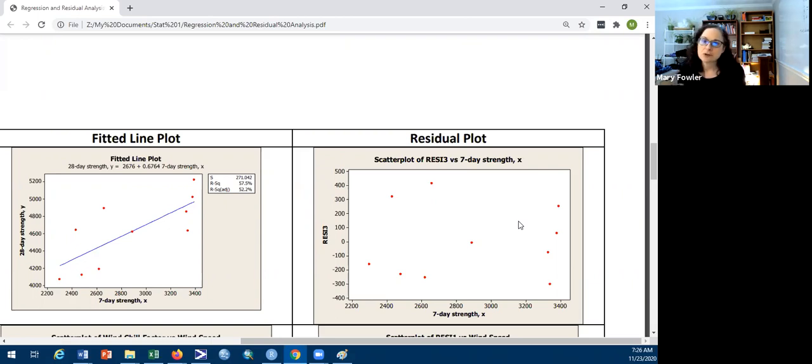Some of this begins to move past the scope of the course, but I want to show you a few things so you don't have to recognize patterns in residual plots. But I do want you to know that there are good patterns and bad patterns, and residual plots are a tool for you to check on your regression analyses. So this is a nice residual plot.